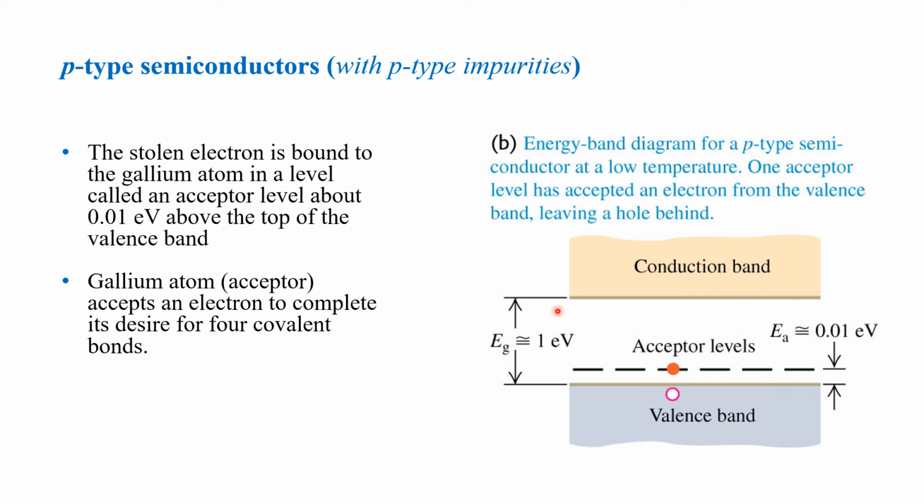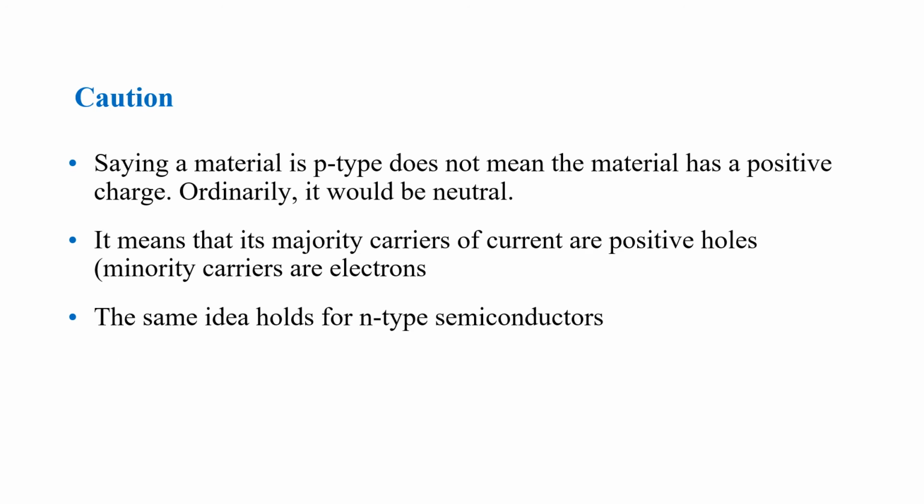And this is the total energy band diagram for a p-type semiconductor at low temperature. One acceptor level has accepted an electron from the valence band. Just some caution. Saying a material is p-type does not mean that the material has a positive charge.